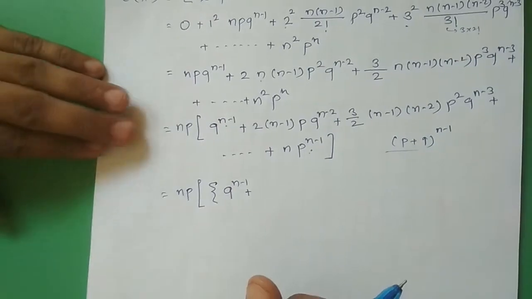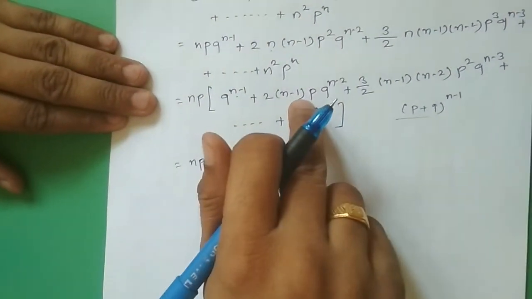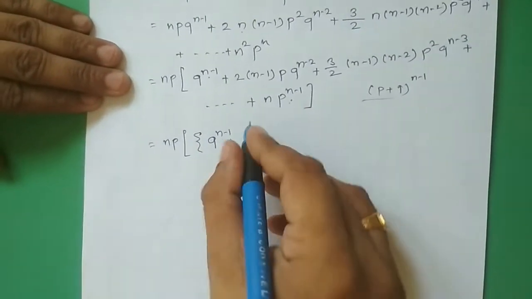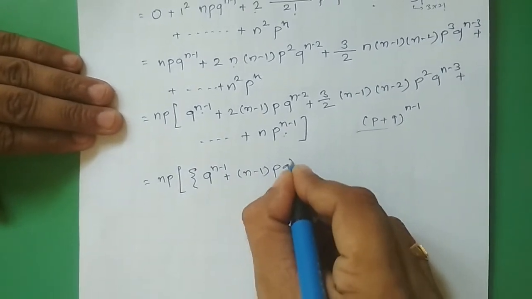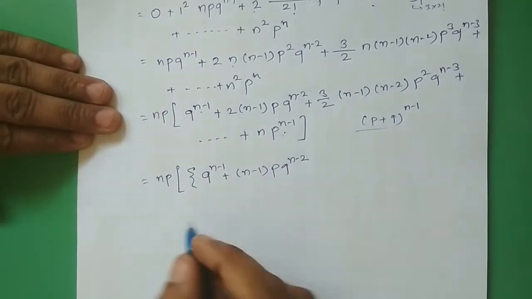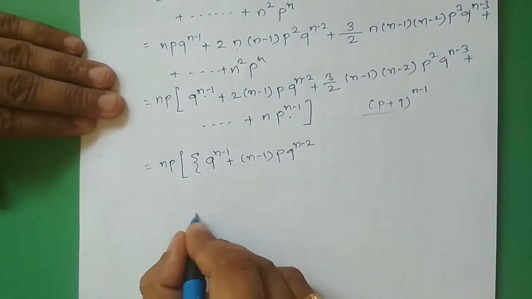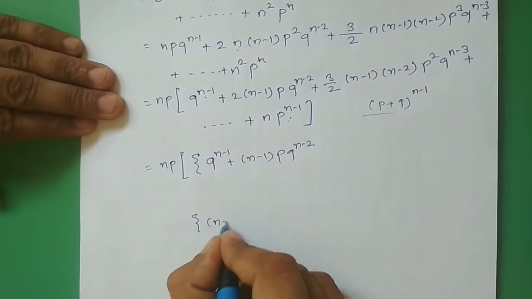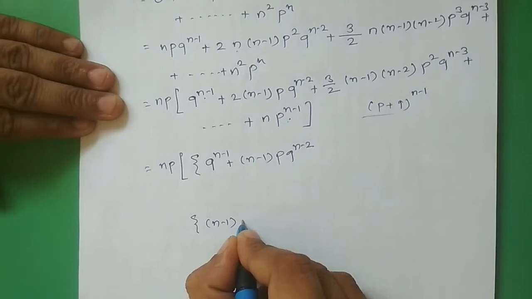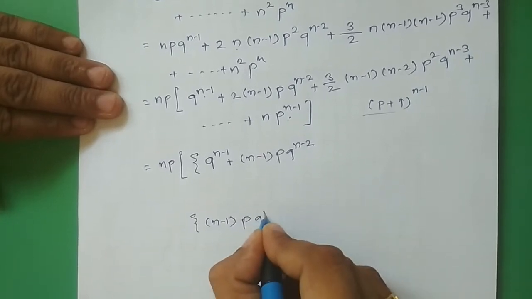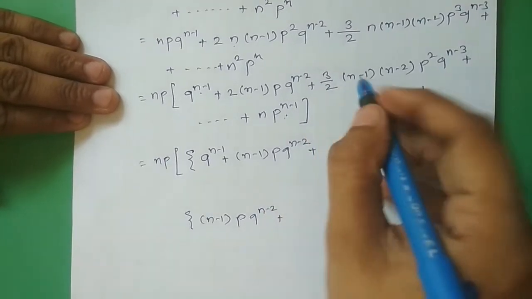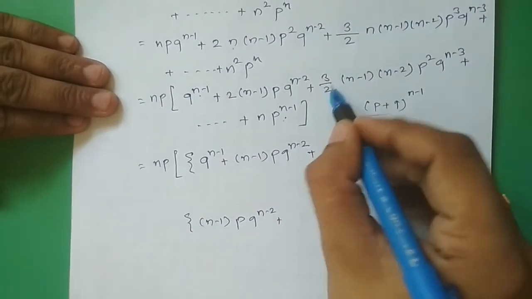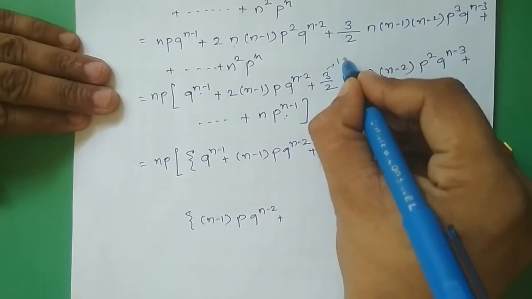Okay, since it comes two times, we are writing one term in this bracket, that is n minus 1 p q raised to n minus 2, and the remaining terms we are writing in the next curly bracket, that is n minus 1 p q raised to n minus 2. Okay, then the next term is 3 by 2. So this 3 by 2 is nothing but 1 plus 1 half.